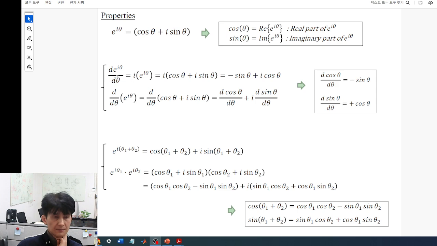If we have exponential i theta and take the derivative with respect to theta, then we can easily obtain i exponential i theta, which is i cosine theta minus sine theta, because this is the Euler expansion. So we can easily prove that the derivative of the cosine function becomes minus sine theta, and the derivative of the sine function becomes the cosine function, based on these properties obtained from the Euler formula.